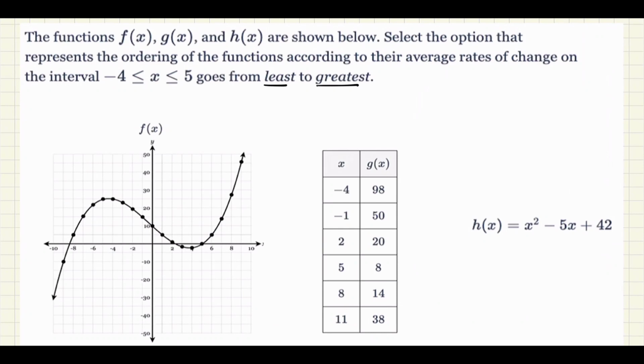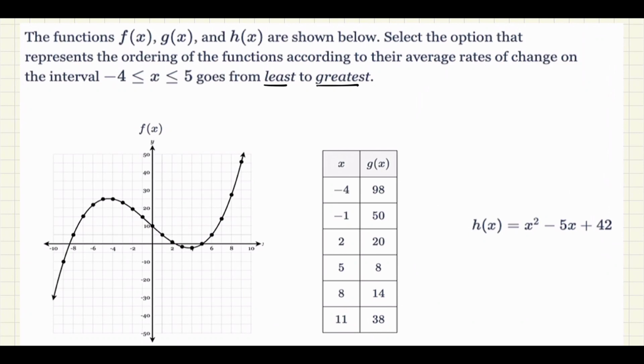It means smallest to biggest, right? Well, how do I figure out which one's smaller or which one's bigger? So the first one, did we do a problem like f of x? Yeah, we did 2 of them, right? So do you know how to find the average rate of change for f of x? It's in your notes, good.